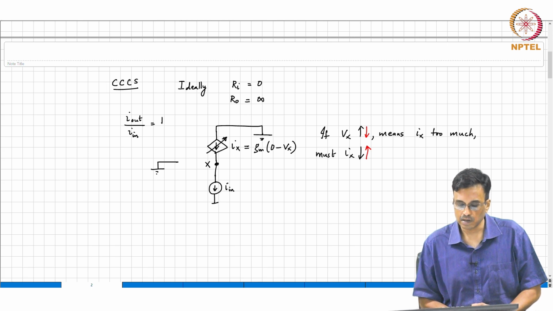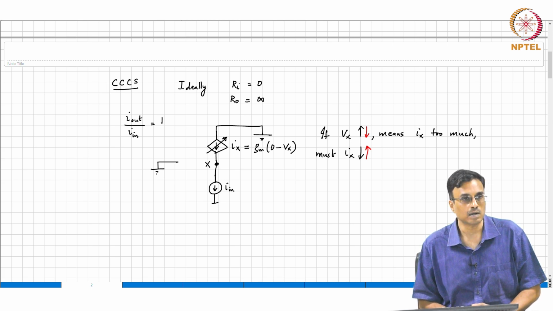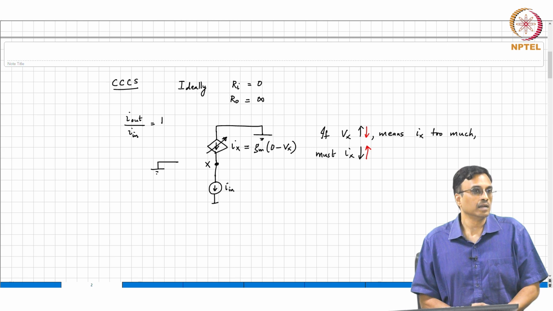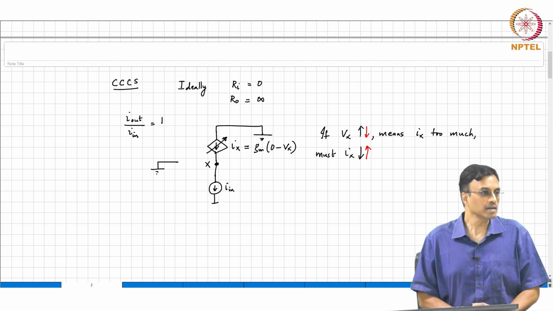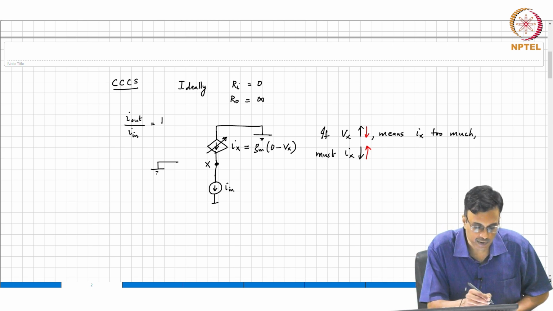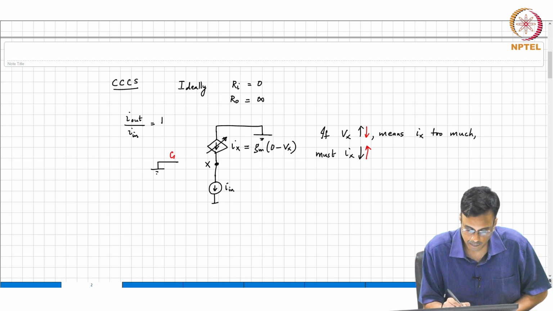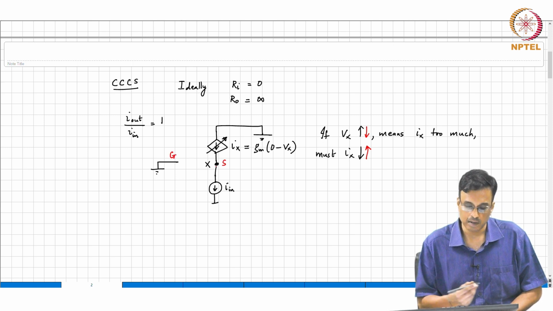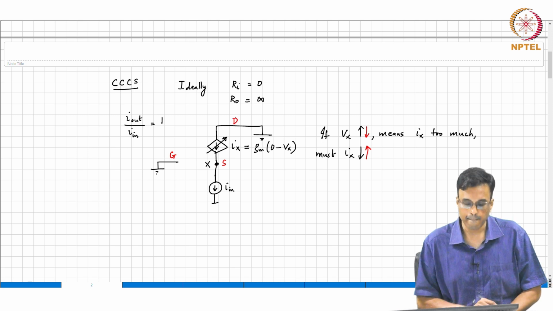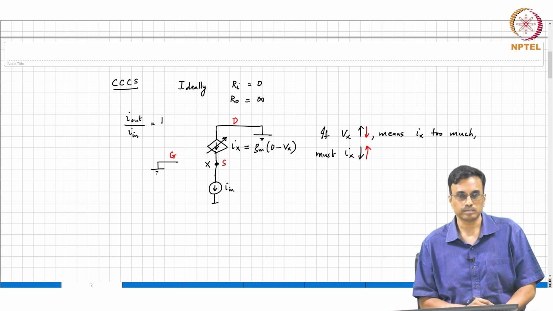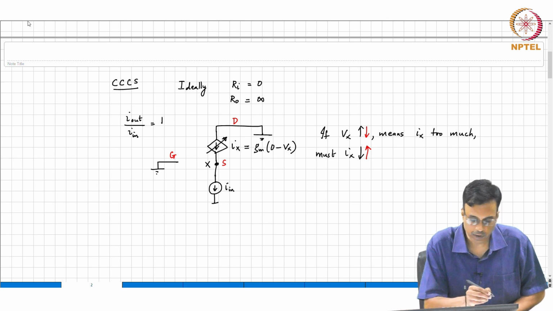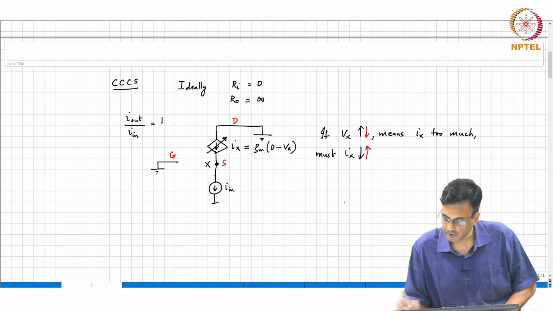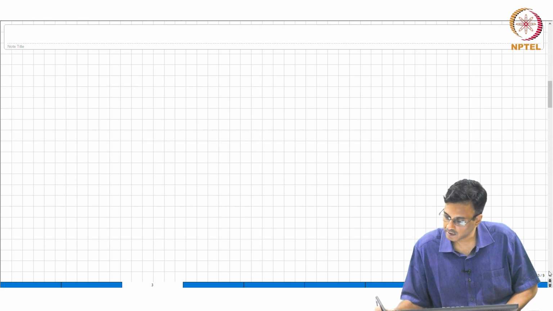Which is the terminal, which is the transistor? Pardon? Gate is grounded, very good. X is the source. And therefore, the incremental picture basically looks like this.